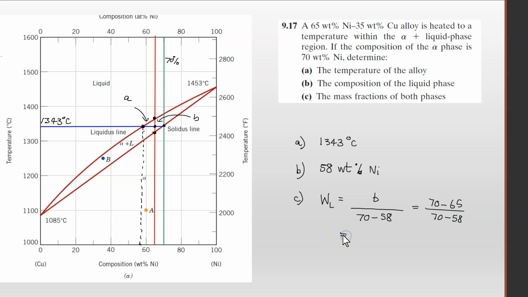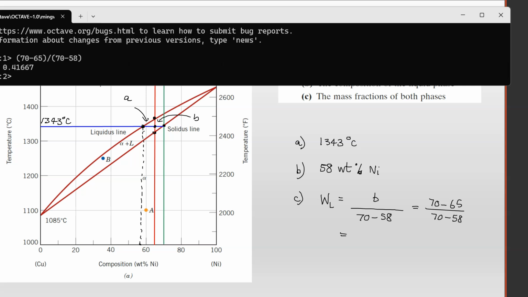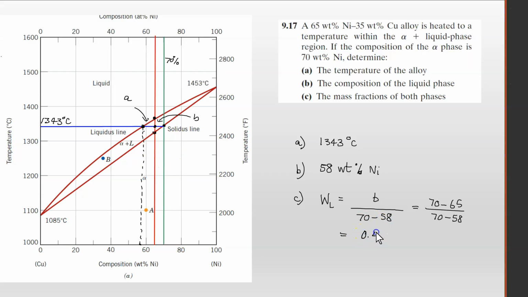So when we calculate this out, we will get the mass fraction: 70 minus 65 over 70 minus 58, which is 0.42, which is the same as 42%. So that's the mass fraction.